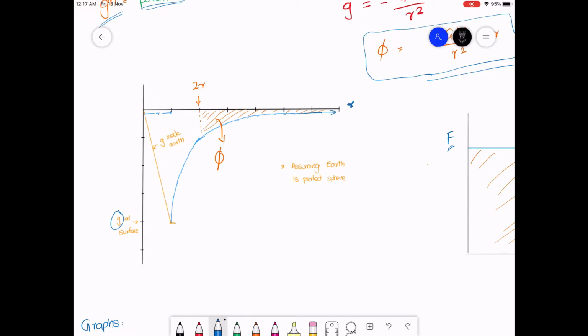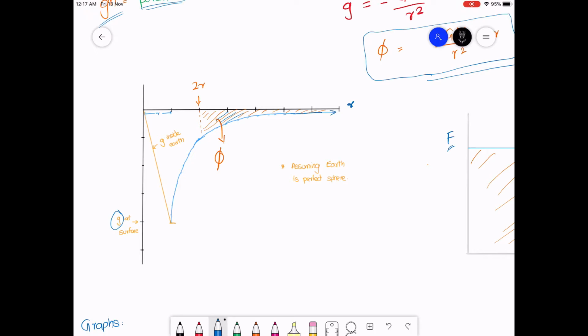Now here I have the field strength versus distance graph of the Earth. So by applying the same concept, if I find the area underneath this graph, I'll get the potential, not the gravitational potential energy, just the potential. So from this idea and the definition of gravitational potential, we can say that the area that we are looking to find is this orange area right here.